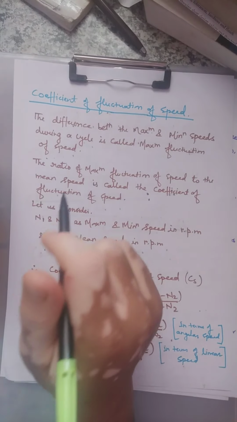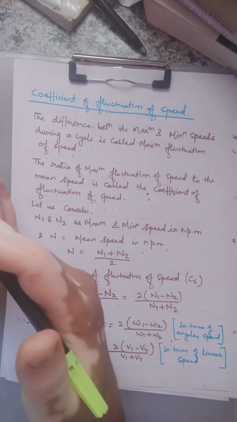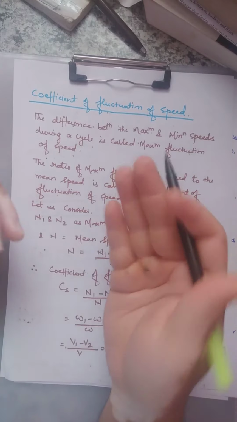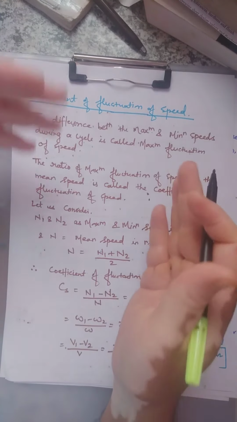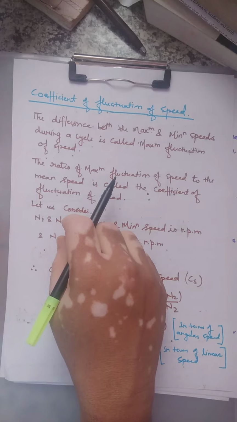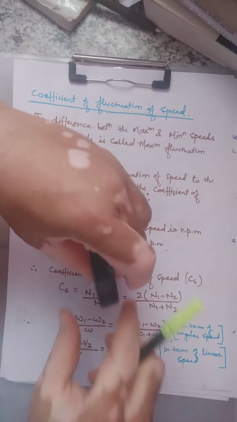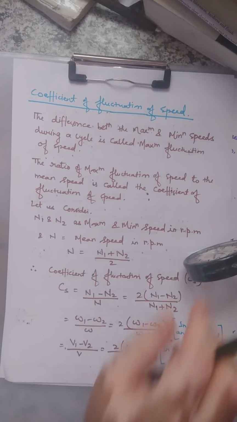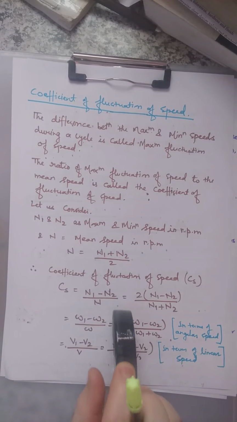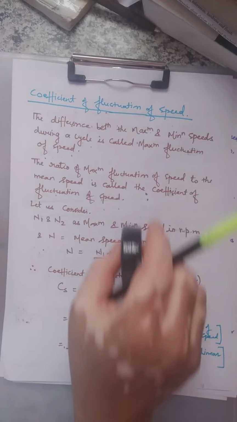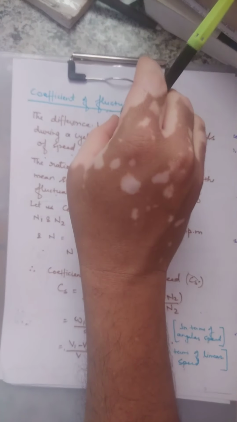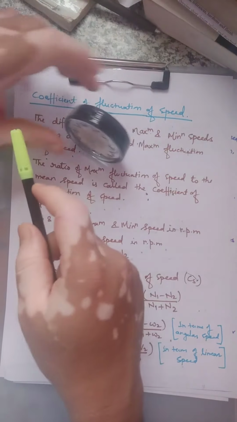The same way in a flywheel, when the flywheel gets energy in the power stroke, it is at higher speed, and when it starts losing energy, it is at lower speed.